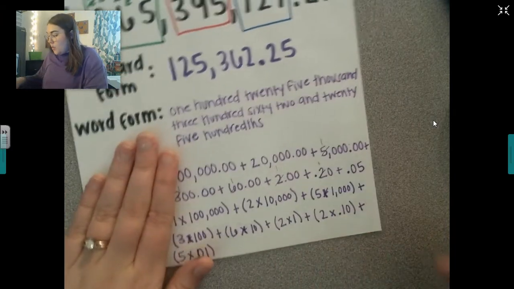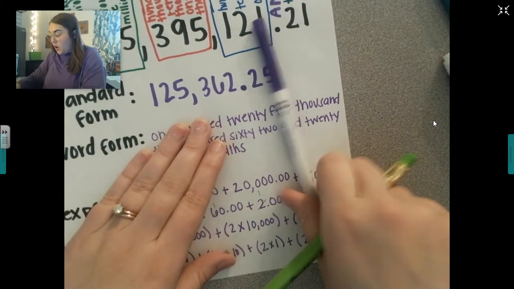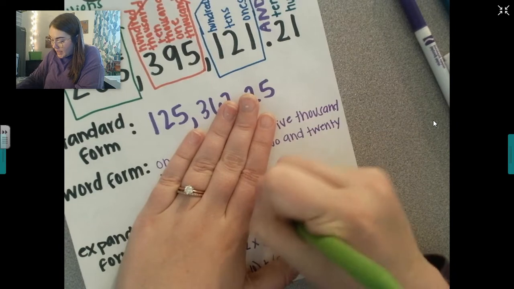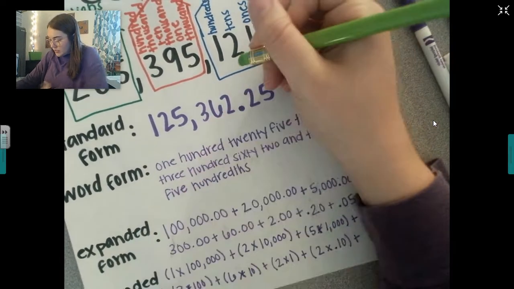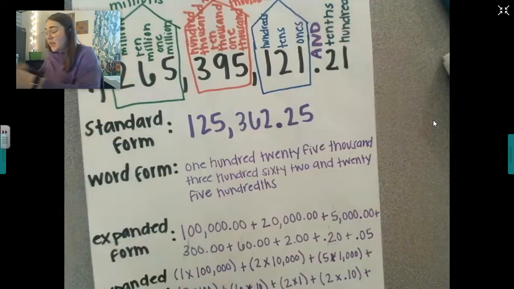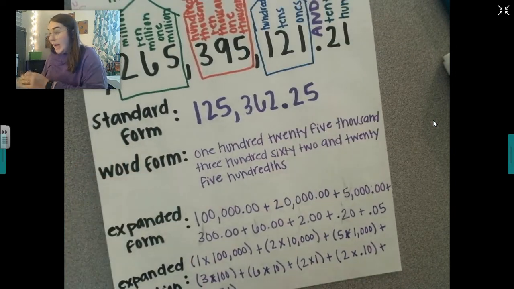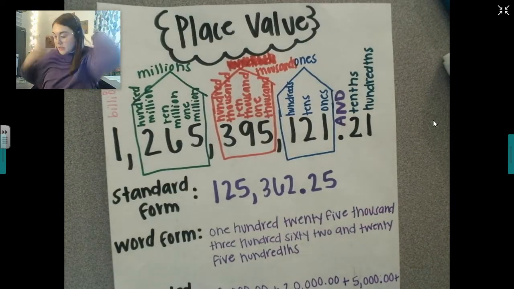Woo! All right, that was a lot of reviewing all of the different place values and how you can write a number in each of those place values. So we are going to work again on this tomorrow. So if you're struggling with this expanded notation, I understand. We're going to go back over it tomorrow. We'll go over it in small groups as well.